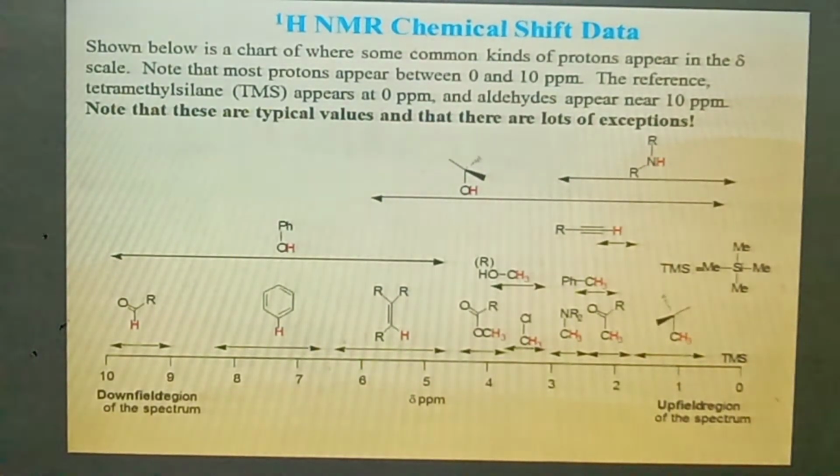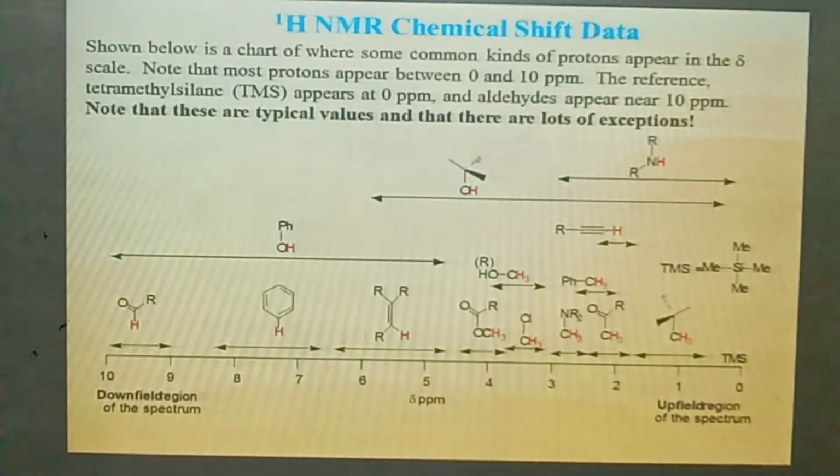That is the concept of the shielding and deshielding effect of different groups attached to a particular hydrogen or carbon. And then the ppm level between 6.5 to 8.5 is responsible for the appearance of aromatic ring protons, and functional group containing aldehydic protons fall between 9 to 10 ppm.